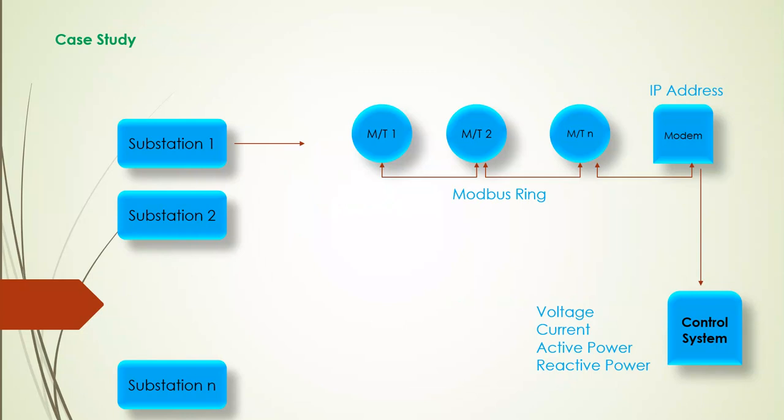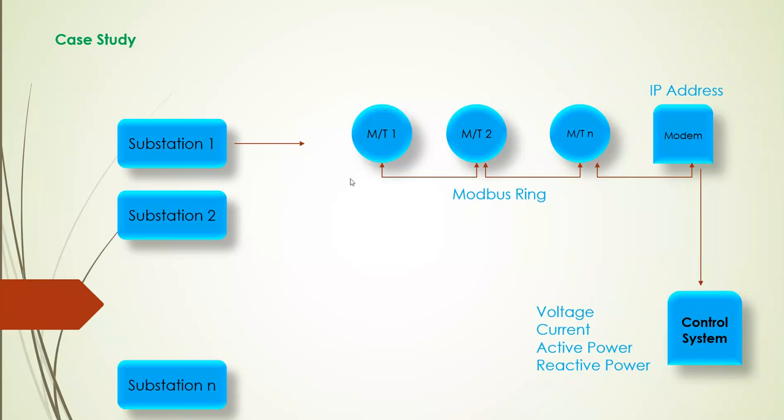Finally, I want to show you a case study in the monitoring system. On the left side, you can see some electrical substations. As you know, any substation has some devices and SLD that I mentioned in previous slides.